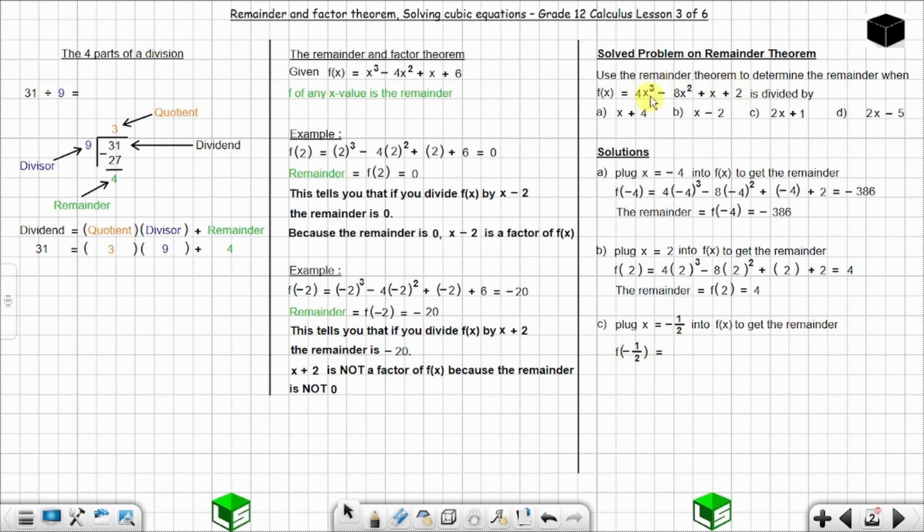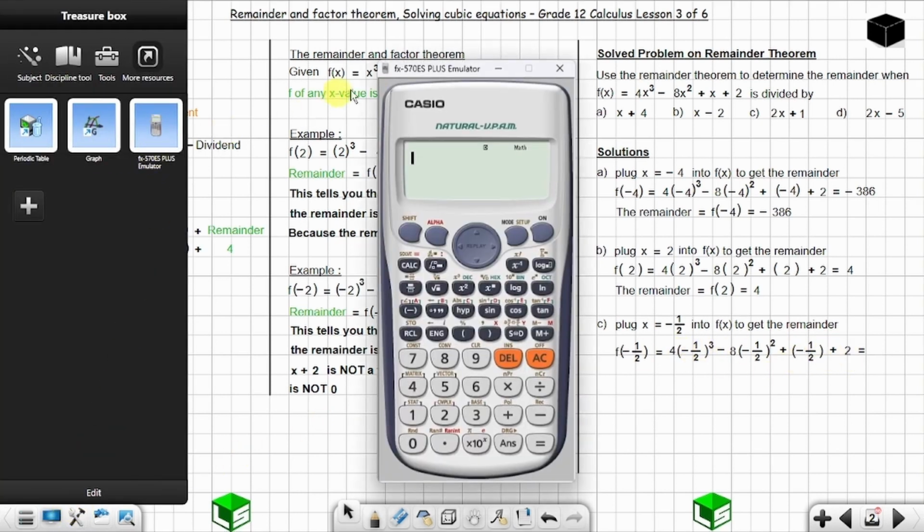Okay, so you have 4 times negative 1 over 2 to the power of 3 minus 8 times negative 1 over 2 to the power of 2 plus x. So you have plus negative 1 over 2 and then plus 2. The remainder is equal to, plug this in your calculator. Let me use my emulator.